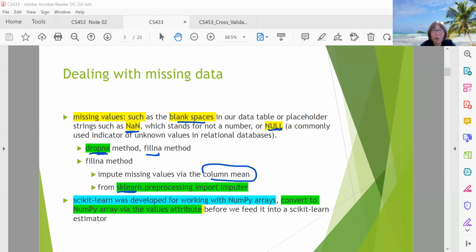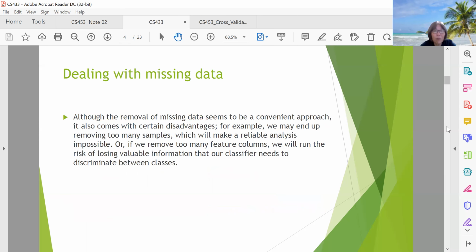So that's regarding the missing value issue. If you just do dropna, you may drop too many samples. When you drop too many samples, sometimes you may even end up removing too many features, and if you remove too many features, it will cause underfitting.